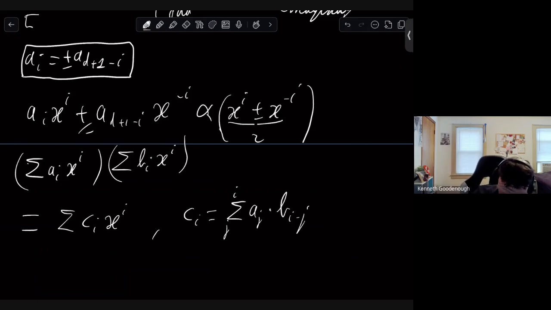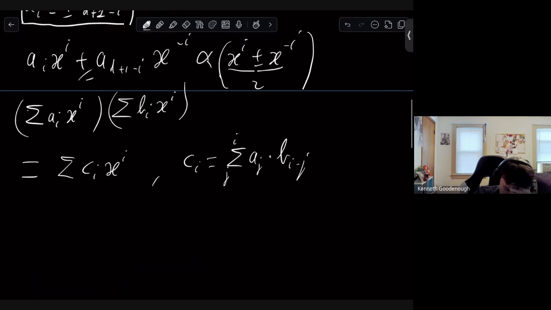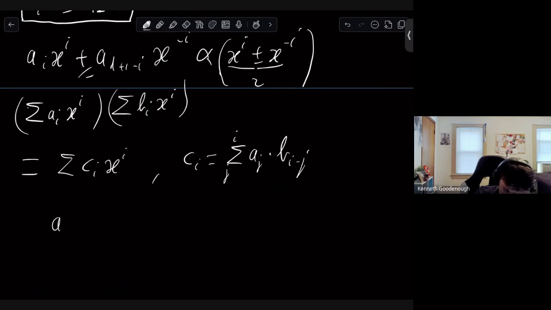Okay, so let's see. I'm going to write a general case for d is, let's say, 3. Yeah, let's do d is 3. Okay, so we just get out something like this.